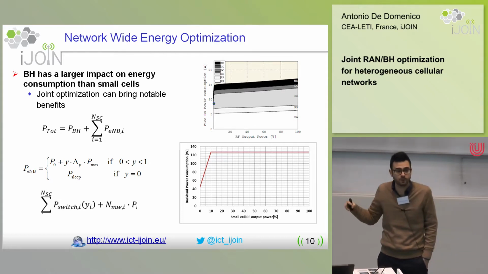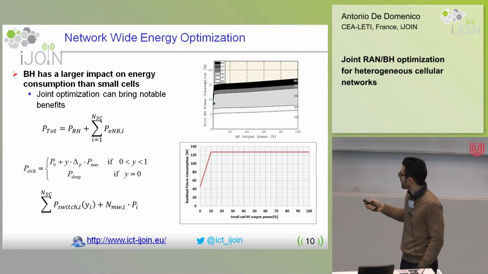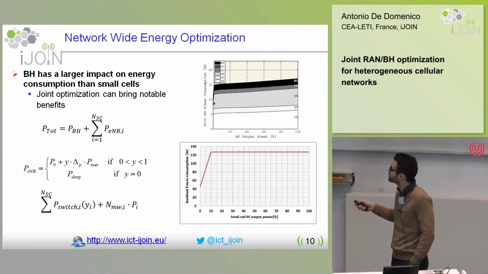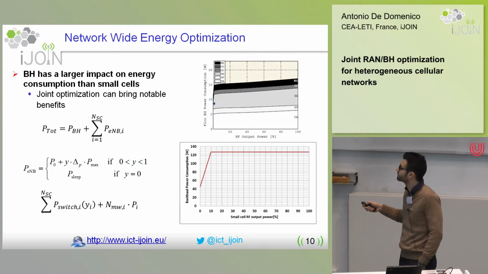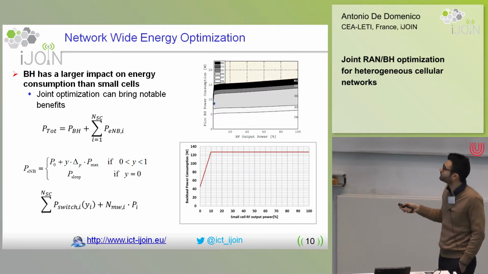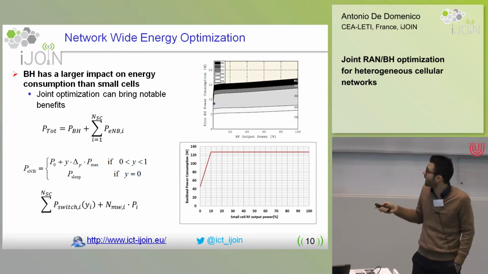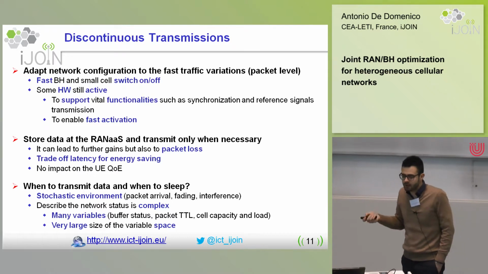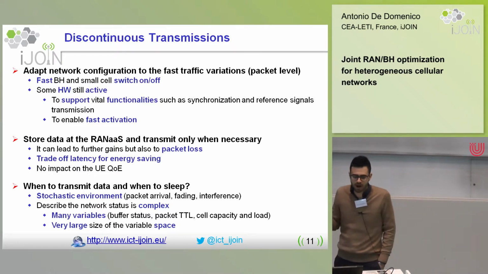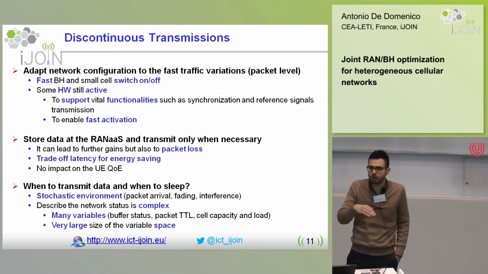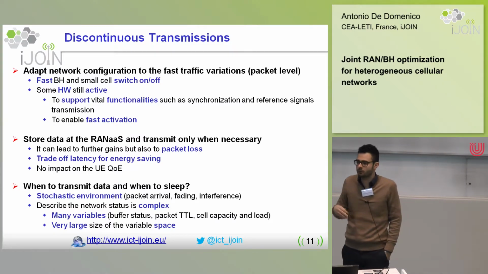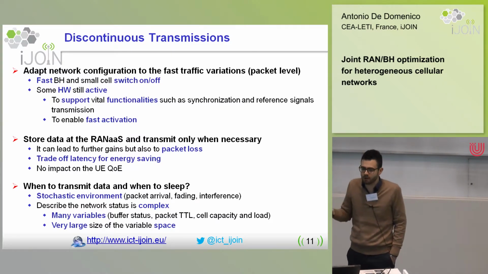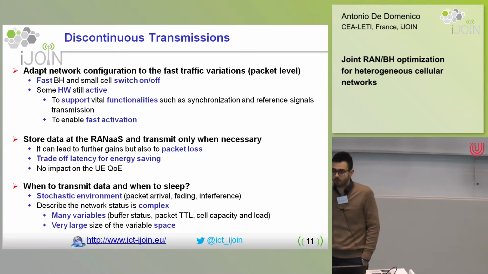They aggregate the different backhaul links, if the small cell is active, or some lower consumption if the backhaul can be put idle. So in our idea, we wanted to optimize the network configuration to the fast variation of the traffic, so at the packet level, at the millisecond level.